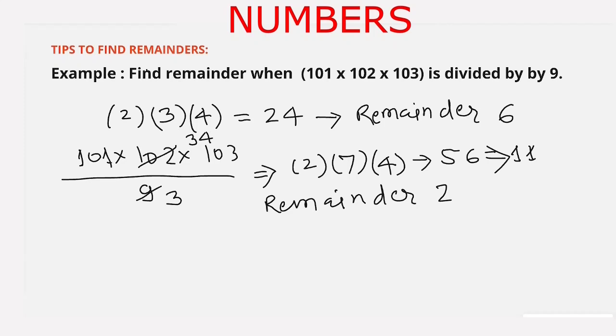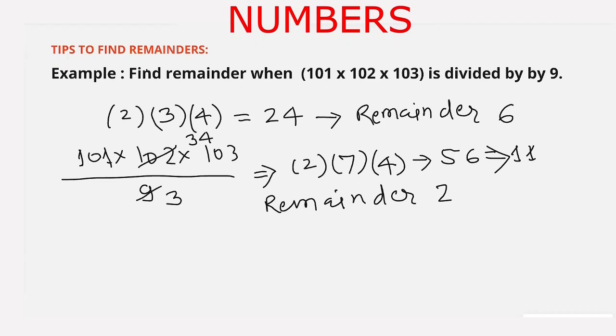So we cannot cancel like this. The question asks for the remainder when the original number is divided by 9, not by 3. If we cancel it by 3, then we have cancelled the remainder by 3. Our original remainder was 6 and now the remainder is 2, and when we cancel 6 by 3, we get 2.